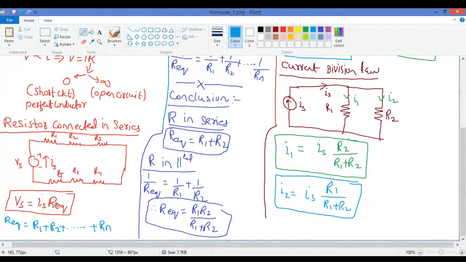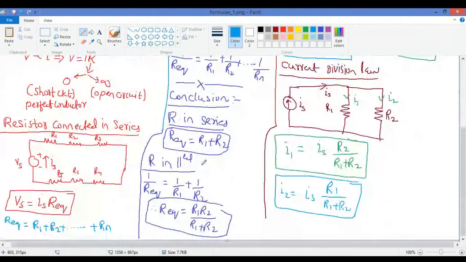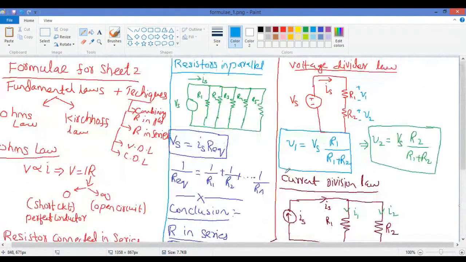Three formulas. Then the fourth formula is the voltage division law: V1 is equal to Vs into R1 by R1 plus R2, and V2 is Vs into R2 by R1 plus R2.